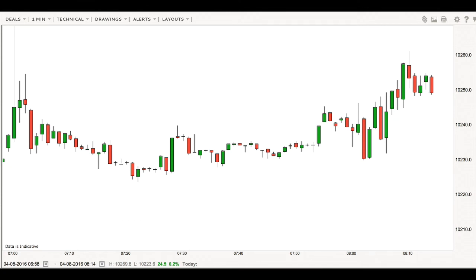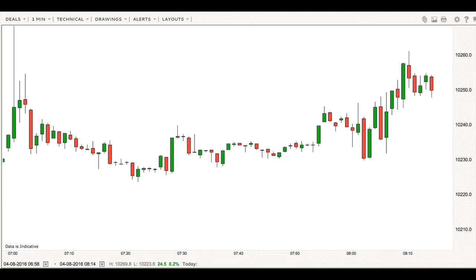Now you can see that price action's coming down, so it's broken the lower trend line, and we'll wait and see what happens next. So it's moving down below now. We did get a couple of fairly small bars at the top of the range.